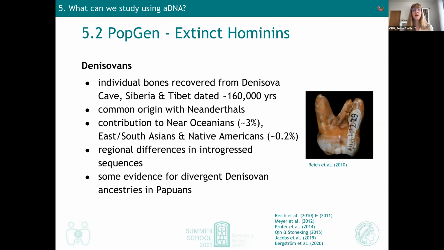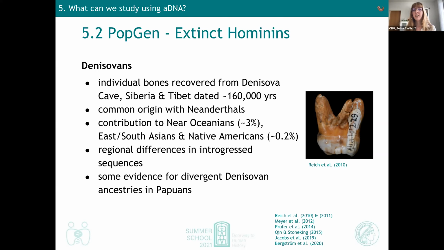But here the contribution is quite regionally differentiated. For example, the highest amounts of around 3% are found in present-day Near-Oceanians in Papua New Guinea and in Australia. But there's also traces of Denisovan ancestry in East and South Asians and also in Native Americans.